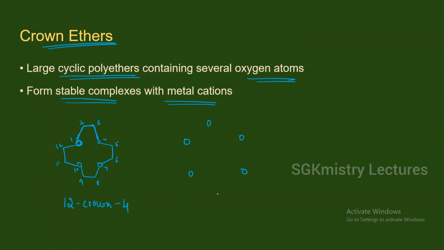Similarly, let us take some other examples. So here, let me take 6 oxygen atoms. Now join together again. Now here let me also attach cyclohexyl rings, right? So now how do we name it?